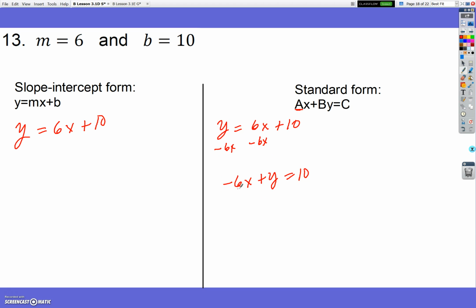Now you guys see how this negative 6 is attached to x? That is my a value, and it is negative. So to fix that, what I'm going to do is divide each and every term by negative 1. This will give me, negative divided by a negative is a positive, 6x minus y is equal to negative 10. This is my answer in standard form.